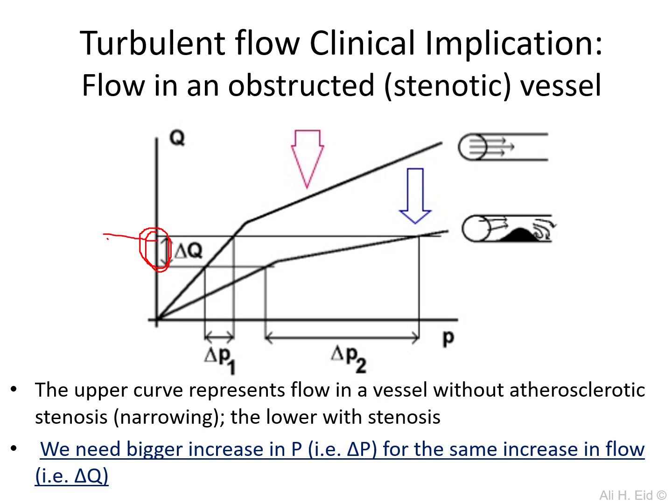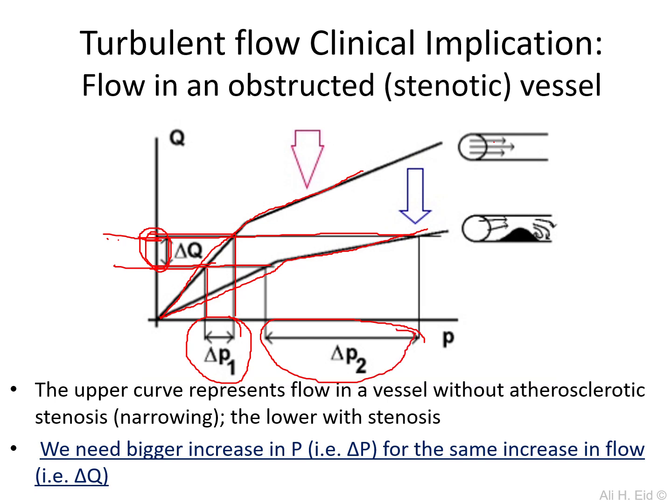For the same change in flow, going from volume 1 to volume 2, we are projecting them on a normal healthy vessel. That's the normal non-stenotic. And this is the pressure versus flow for a stenotic vessel. For the same flow, go back to this one and project on the blood pressure. I need delta P1 in the healthy vessel. For the same flow, project them onto the pressure-flow relation of a stenotic vessel. I would need this much delta P.